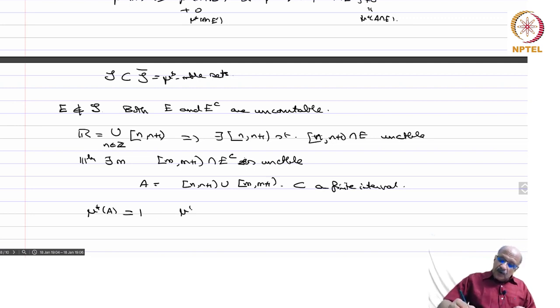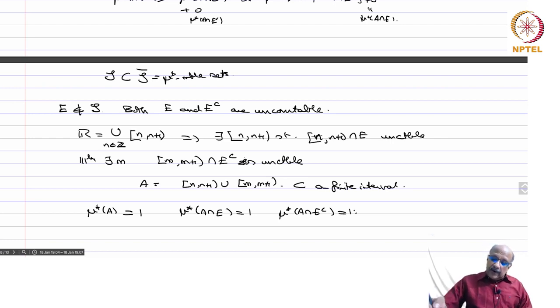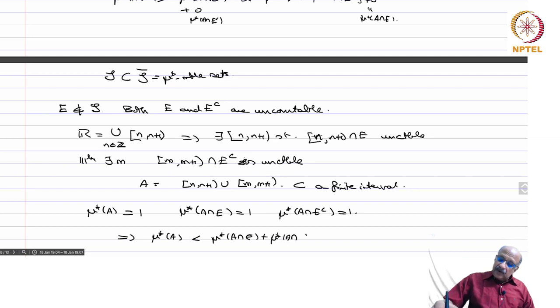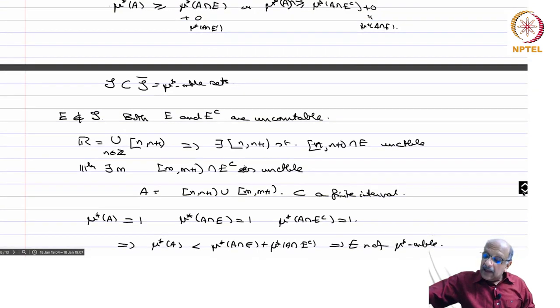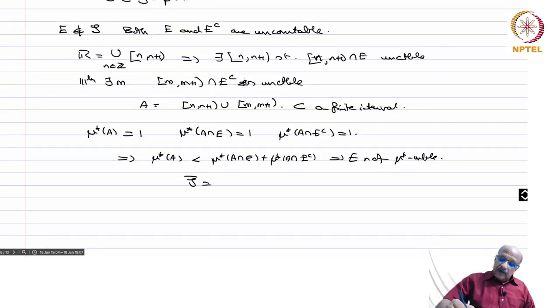But mu star of A intersection E equals 1 and mu star of A intersection E complement is also equal to 1 because they all contain an uncountable number of points, and therefore mu star of A is strictly less than mu star of A intersection E plus mu star of A intersection E complement. So E is not mu star measurable, and therefore S bar is in fact equal to S.